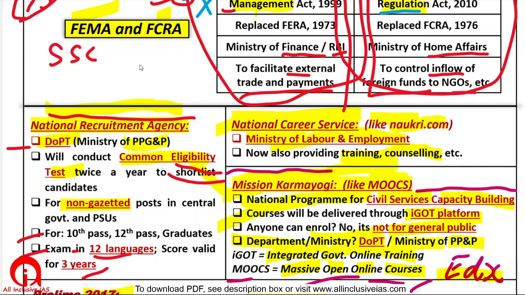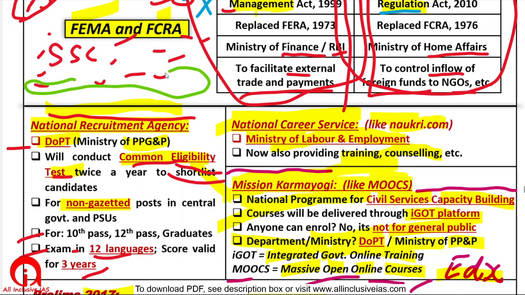For example, in CGL also there are 3 levels, Tier 1, Tier 2, Tier 3, and in some other exams also there are 3 levels. What this CET will do is, it will be common for the first level of all these, but for the second and third levels the respective agencies will have their own exams. So you will not get the job simply by appearing in this one exam.